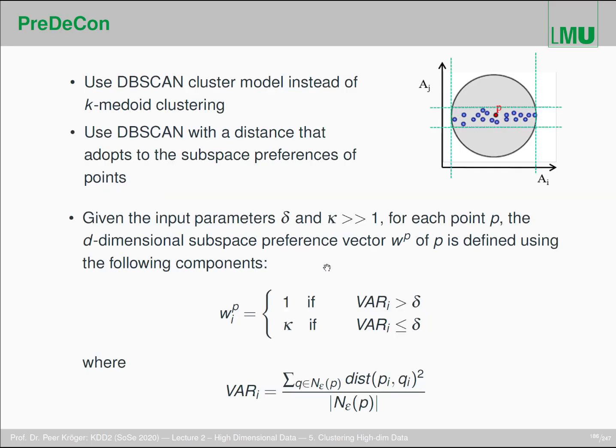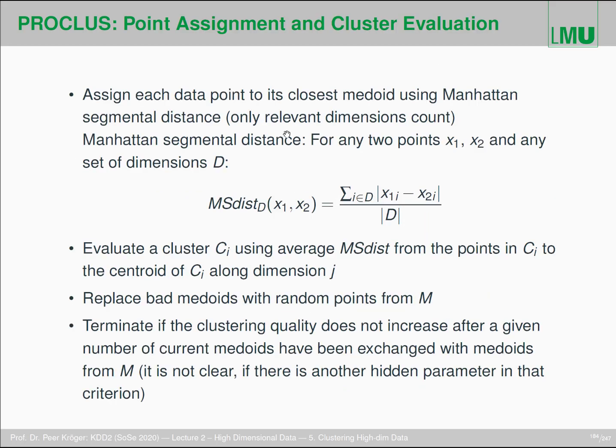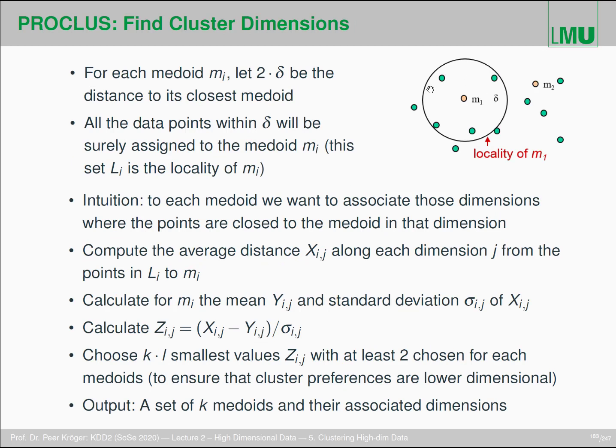Yeah, so look at this once again. In order to get the subspace preference vector here of P, we evaluate the epsilon neighborhood in the entire feature space. Yeah? And the same here for PROCLUS, where we use the locality of the medoids in the full dimensional space. Yeah?